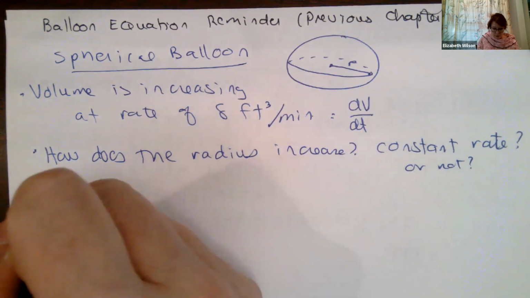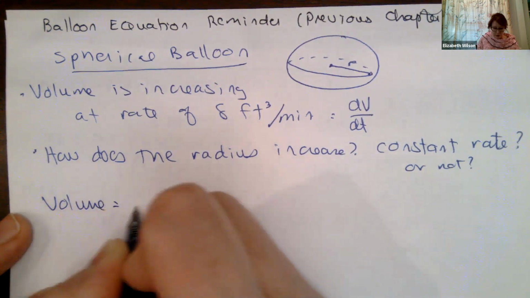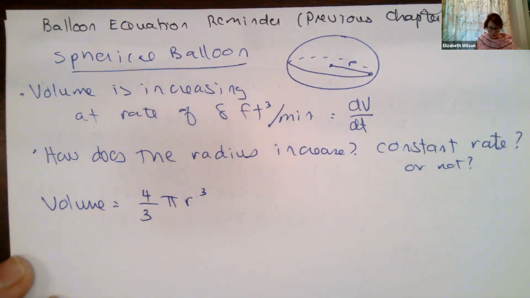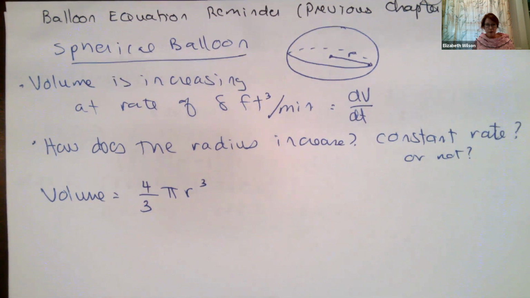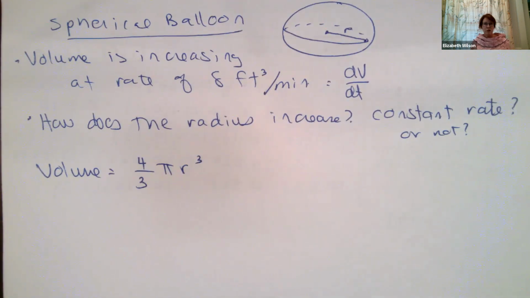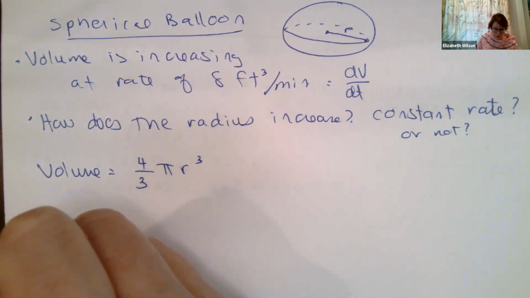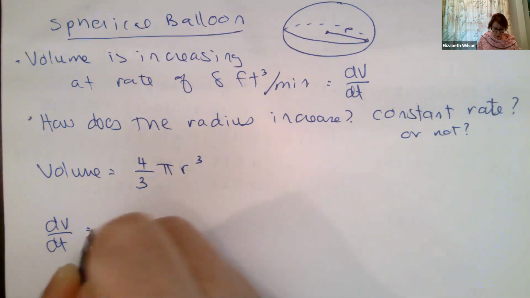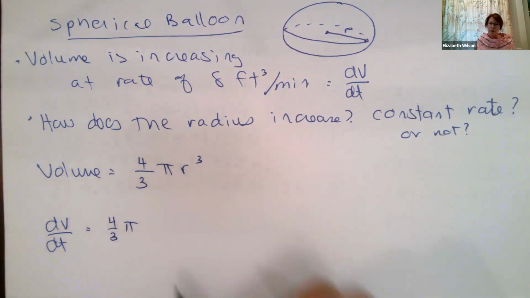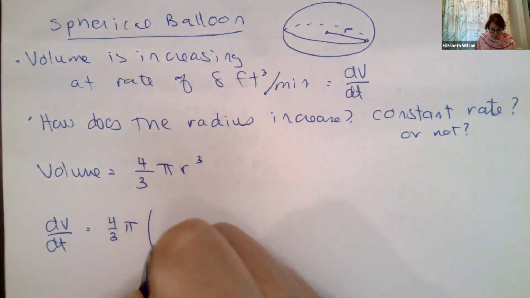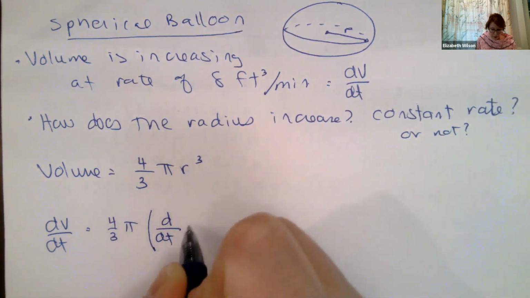Okay, so let's write down our volume. This is from a sphere. So volume of a sphere is 4/3 pi r cubed. This just comes from geometry. Now if I go to take the derivative, because the derivative tells us the change in something over something else, change in volume over time, so it's a rate of change, right? So dV/dt equals 4/3 pi, those are just constant coefficients, and then I have to take d/dt of r cubed.